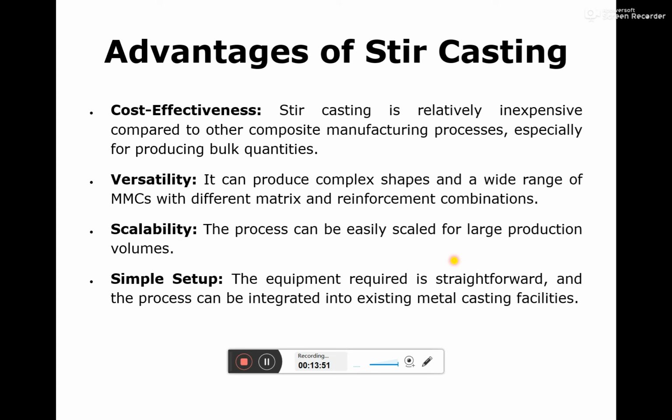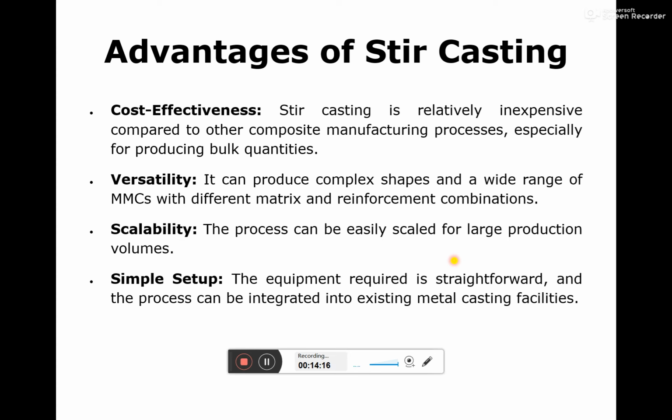So that is the versatility here. Also, the stir casting process easily has scalability options, and it is suited for large production volumes also.